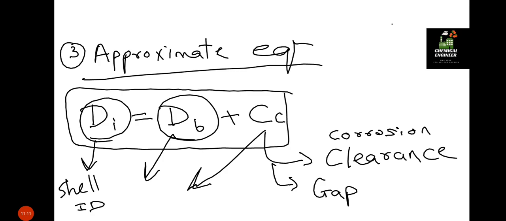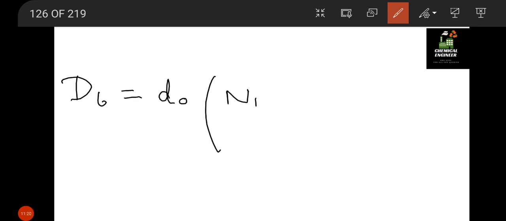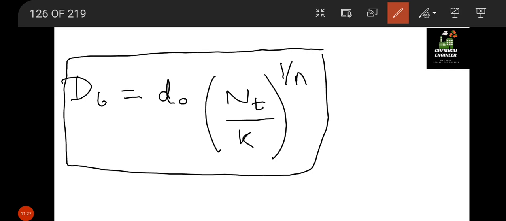Now how to calculate bundle diameter? For that we have the approximate equation dB equals d naught times (Nt by K) whole raised to 1 by n. Now what is d naught? It is the tube outer diameter, and this value should be provided to you.